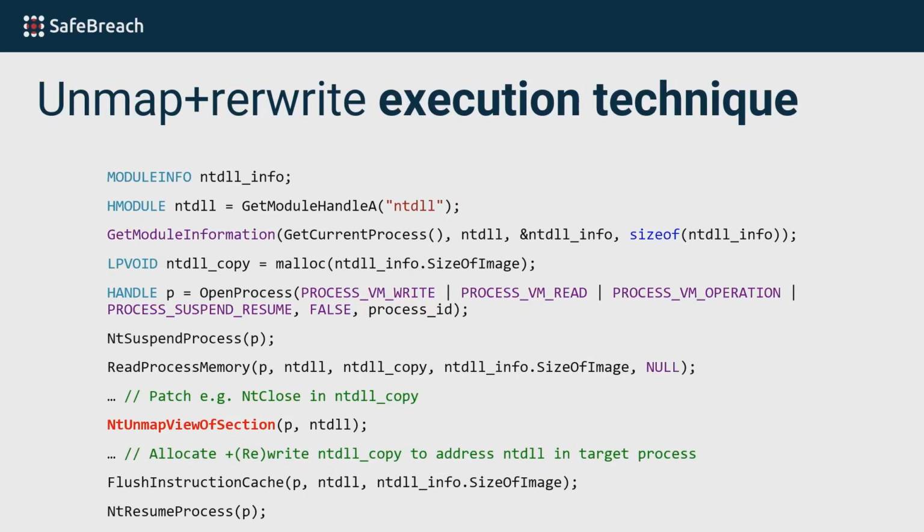Specifically, NTDLL is of course probably the ideal choice. What we need to do is to unmap this DLL and then map a section back exactly in the same size to the exact address of the original NTDLL in the target process. And so next time whenever an NTDLL function is invoked, our own code will run.